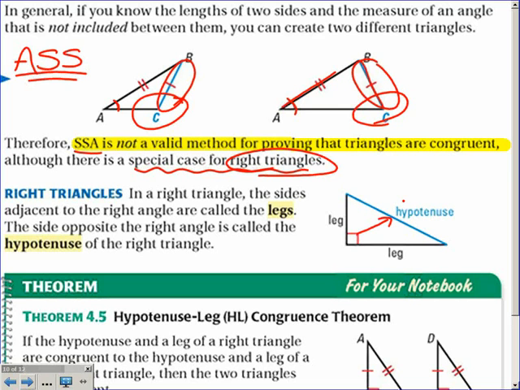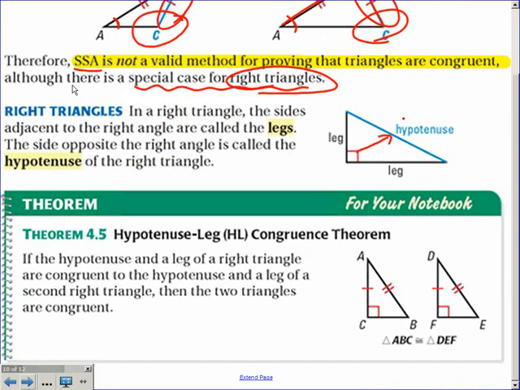If that's the case, then you have this special 3rd property that we're talking about today called hypotenuse leg. We abbreviate HL. And it says 3 things you need to prove. You need to prove that you have right triangles, and then that the hypotenuse of one triangle is congruent to the hypotenuse of another one, and the leg of one is congruent to the leg of another triangle.